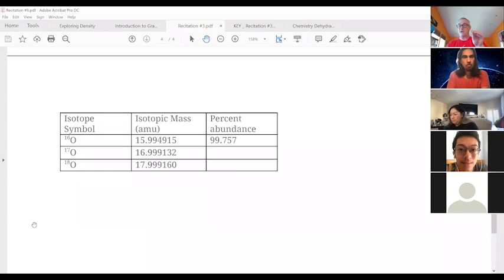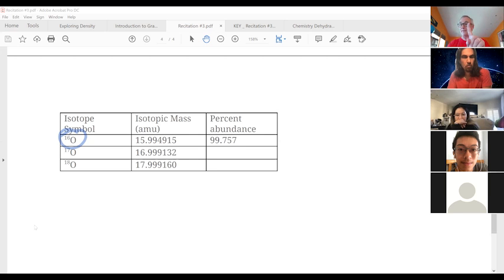So isotopic mass would be the mass of one atom that's a particular isotope. For instance, the isotope oxygen 16, its mass is 16, which makes sense. It's not exactly 16, but it's pretty darn close.